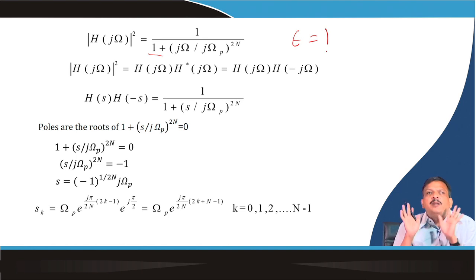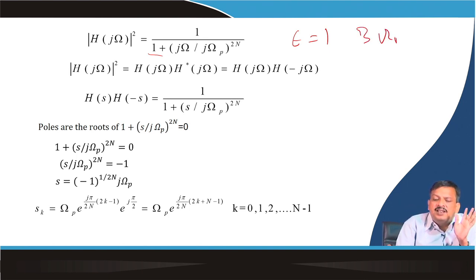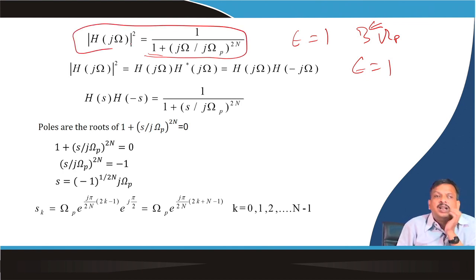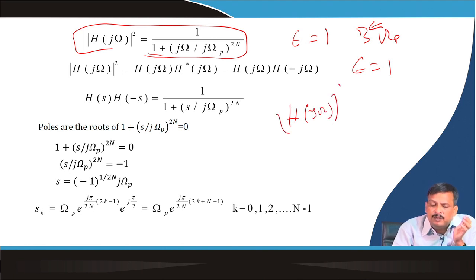I said my filter specification is designed on 3 dB down, omega p is designed at 3 dB down. So epsilon is equal to 1, and I put epsilon equal to 1. So this is my magnitude square of H(j omega). What is the magnitude square of H(j omega)?